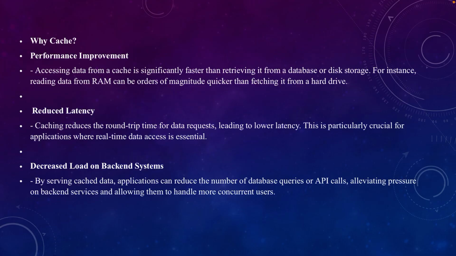Why cache, or benefits of caching? Performance improvement, where accessing data from a cache is significantly faster than retrieving it from a database or disk storage. For instance, reading data from RAM can be orders of magnitude quicker than fetching it from the hard drive.